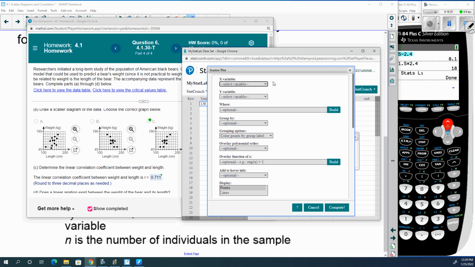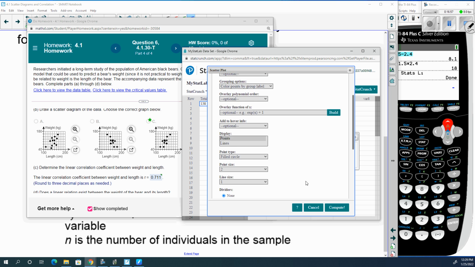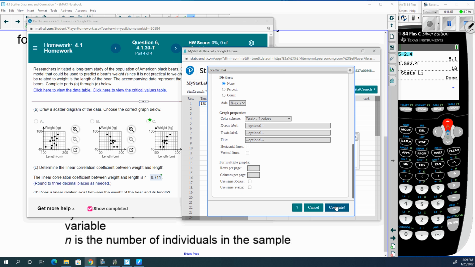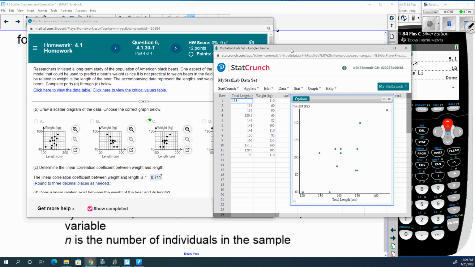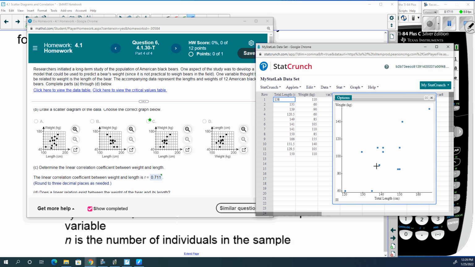My x variable I would go with length, my y variable I would go with weight, and then I compute. Notice my scale here is a little different than what they have, but I should get a good idea comparing those. When you look at the numbers, it looks like this right here is matching most closely with this one right here.